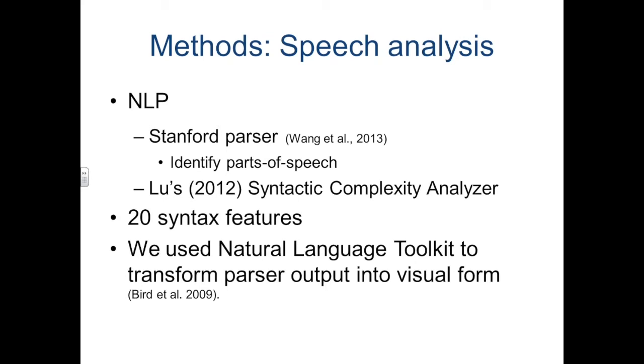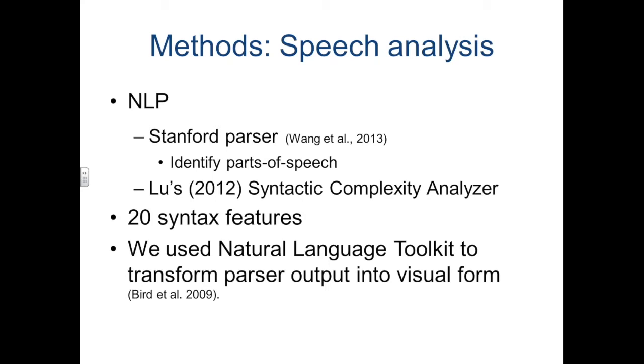And then there are a number of syntax or syntactic complexity variables that can be derived. This researcher and his group, Lu, had this online process where, again, you input the text, it goes through the parser, which uses the same parser, the Stanford parser, and then it outputs a number of variables that try to reflect on syntax complexity.